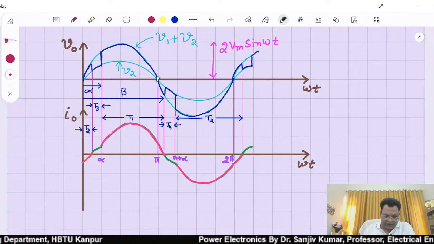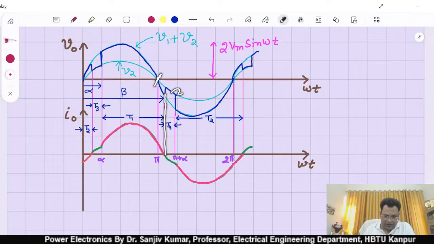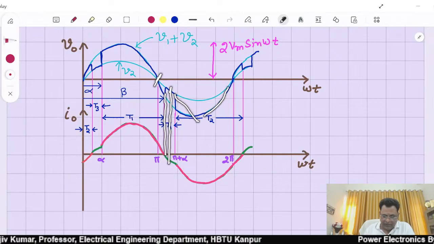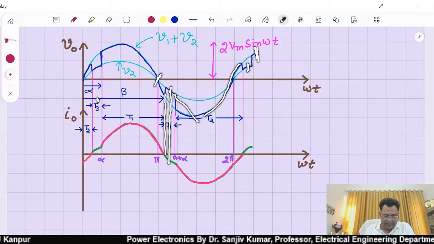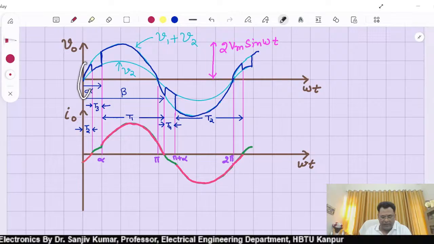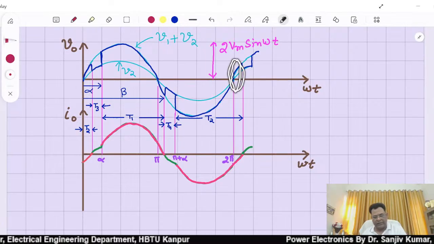Whenever T1 current is zero, it will go to T4, then T2, then T3, then T1, like this. And prior to this, T2 was conducting.